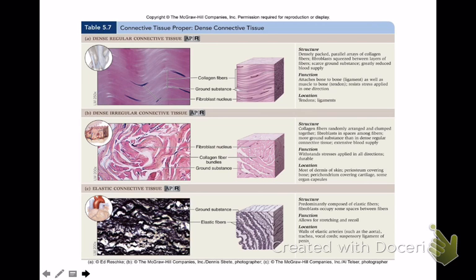So I want to regularly arrange tissue, but I need elastic fibers so I can stretch them. Make sense? Vocal cords, regular elastic. Irregular elastic, where I need to be able to expand in all directions. How about your lungs? How about your arteries? What happens to arteries when they lose their elasticity? They can't expand anymore. And your blood pressure goes up, and then they harden. You get arteriosclerosis. Okay? So that's just a quick review of our dense connective tissues.